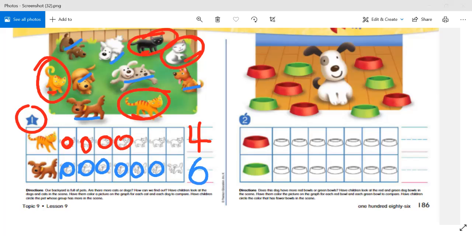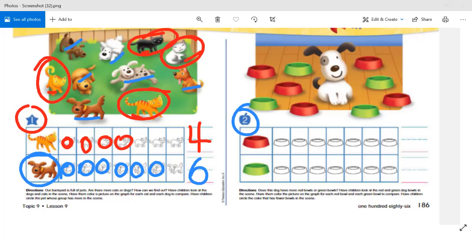Okay, so are there more dogs or more cats? You're going to circle the pet whose group has more. It looks like there's more dogs. So circle the dog. All right, let's look at number 2.